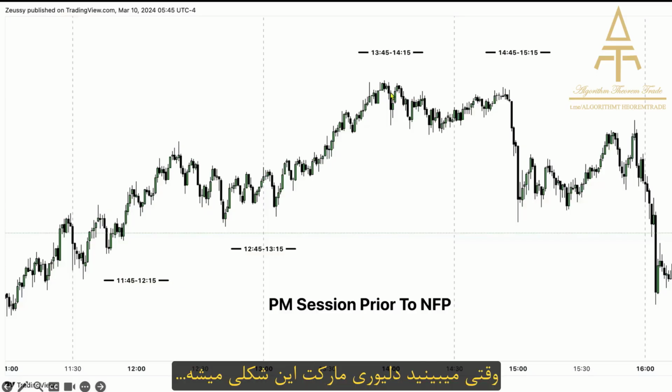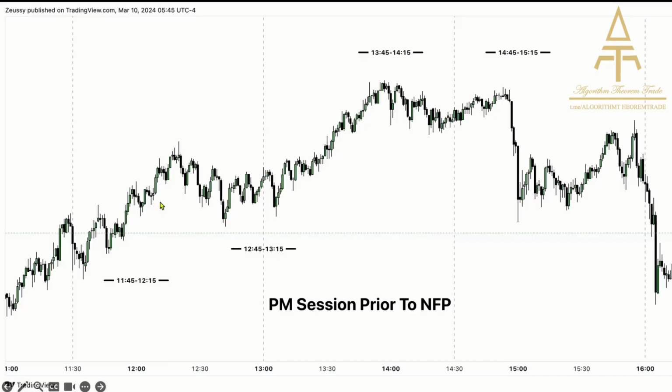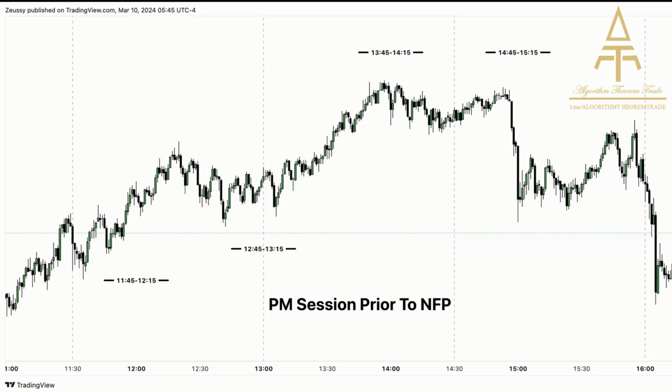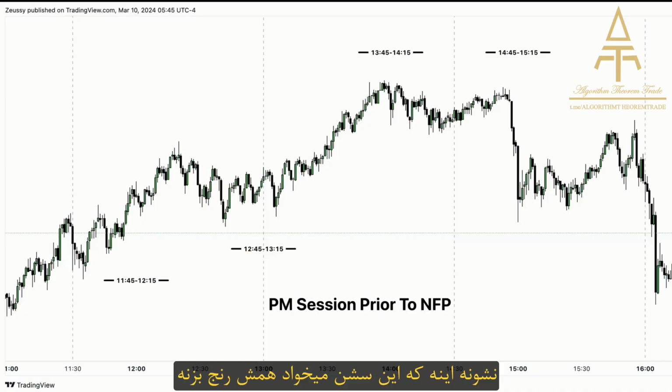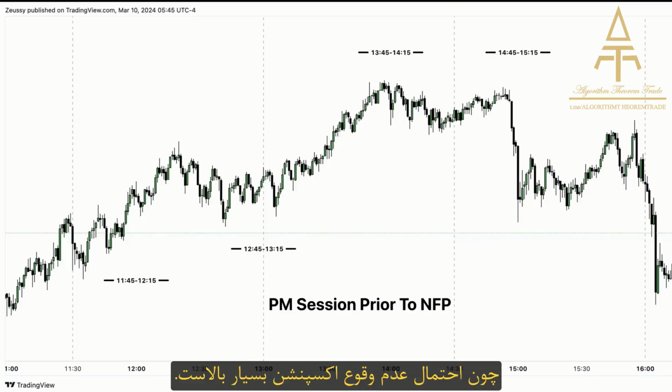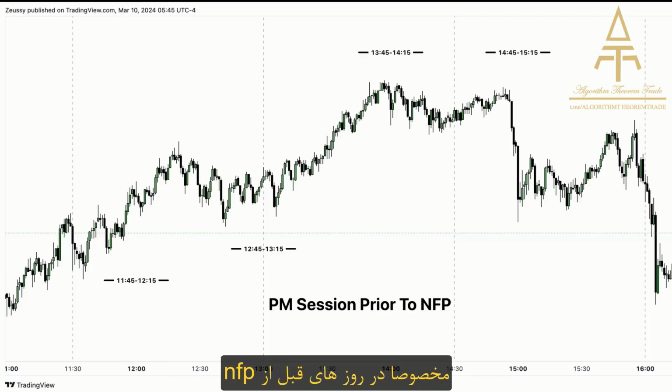And when you see that this is the way that the market is delivering, where the candles themselves are rather small, meaning that the volatility that is present is not that high, it is a sign that, okay, this session is likely to chop around a lot, and this means that you either walk away right away, or you say, okay, I'm going to decrease the risk because the likelihood of the market not expanding is very high whenever it's the day prior to, for example, NFP.